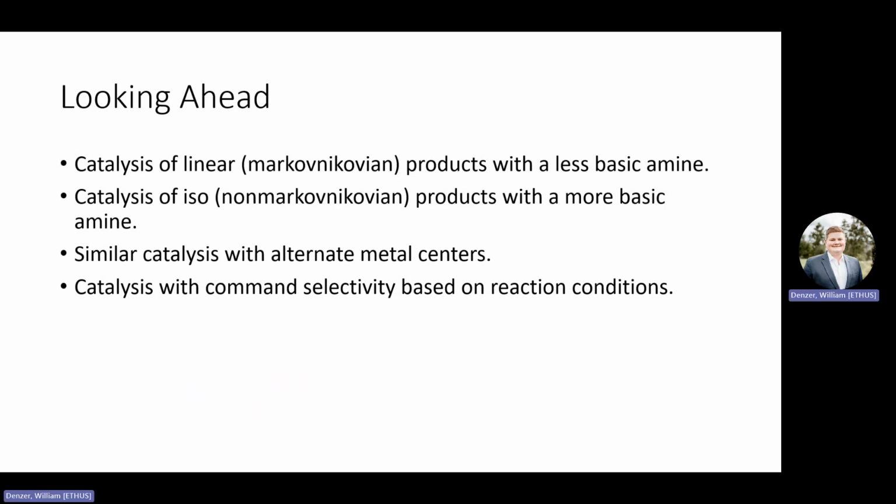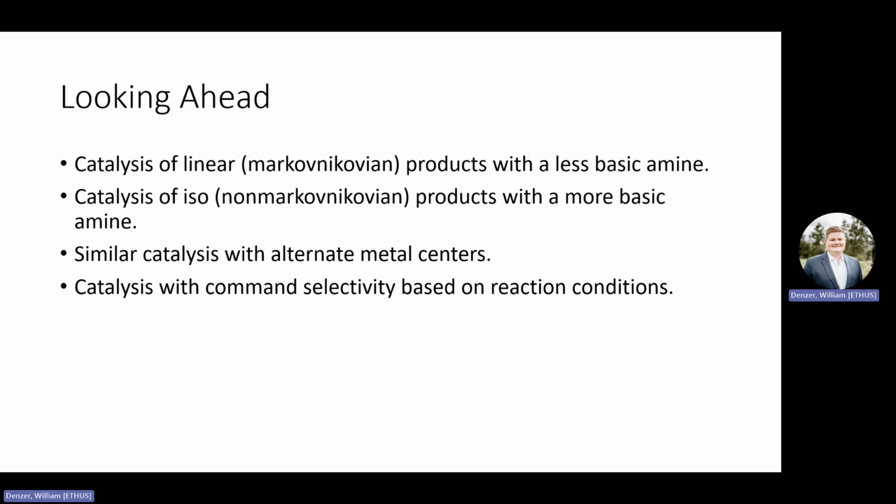And the last idea about what future research we could pursue is catalysis with command over selectivity based on reaction conditions. So perhaps there's some combination of amine and ligand or metal center and ligand that allows us to have command over the selectivity. If I turn up the temperature of this reaction, I can get linear, but if I cool down the reaction, I would get iso products.